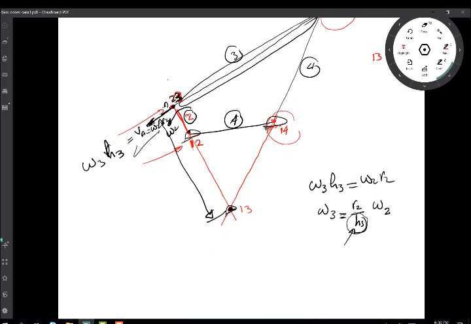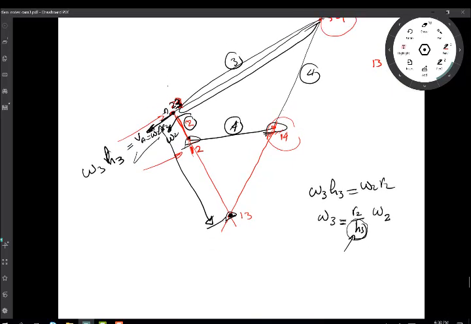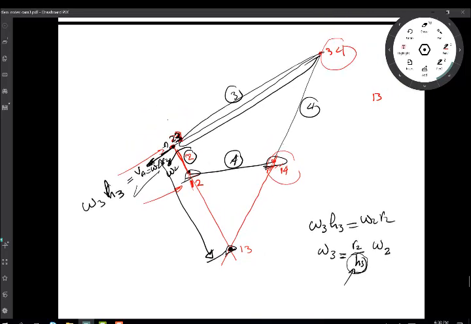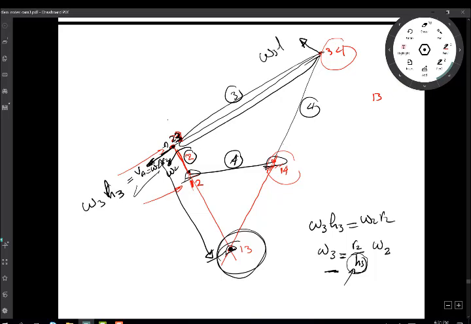Now, also, if I wanted omega 4 at this point in time, I can find my omega 4 because now I know the velocity of link 3. Link 3 rotates about 1, 3 over here. So now if I draw a perpendicular over here, this will be omega 3 L3. Let's call all this distance L3, right?